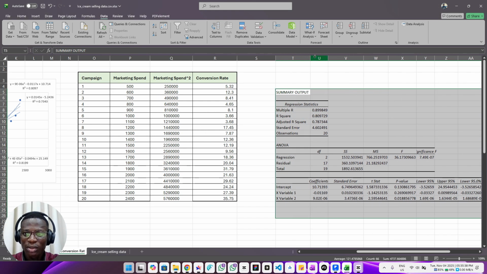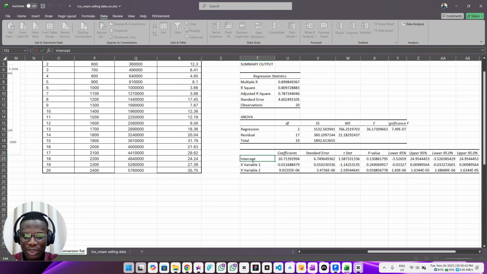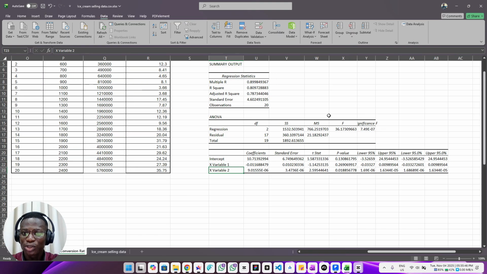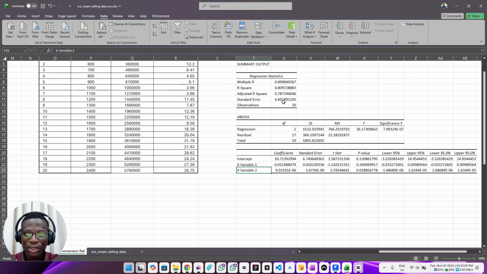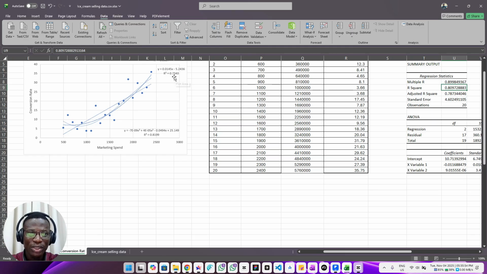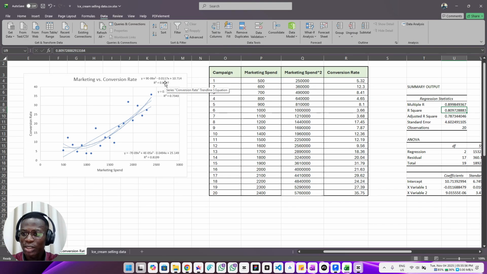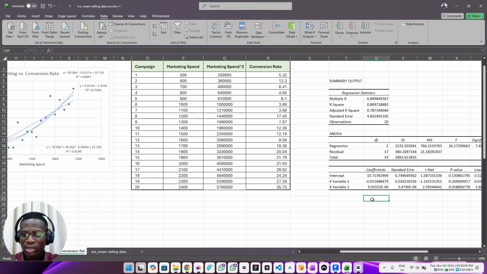Okay, so here this is our intercept, our s variable 1, and then s variable 2. So this is still having, which is close, right? Our R square is 80%. Which one? This one, 80.97%, which is 80%, not too shabby, not too shabby.